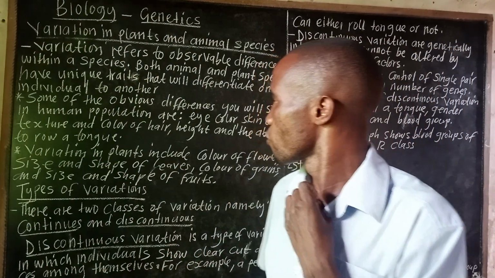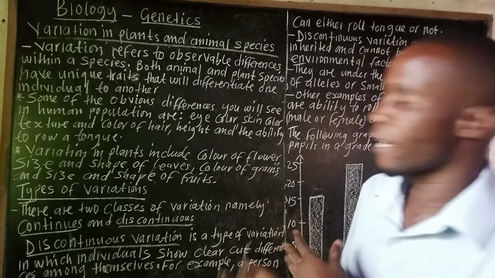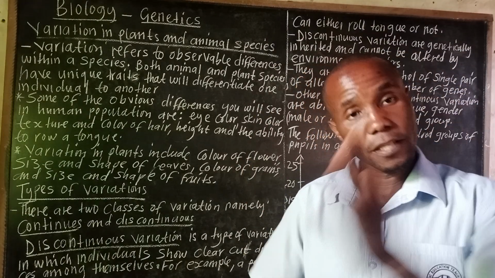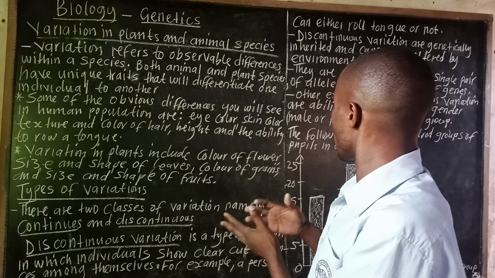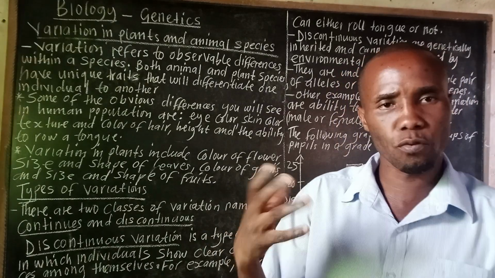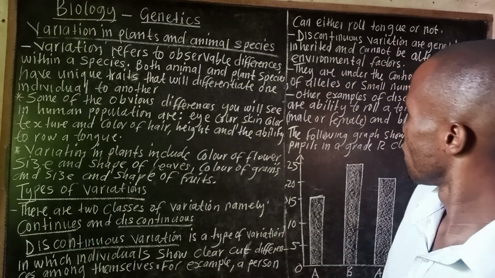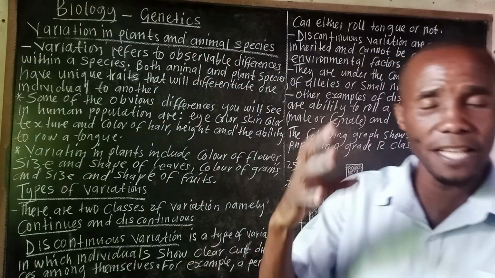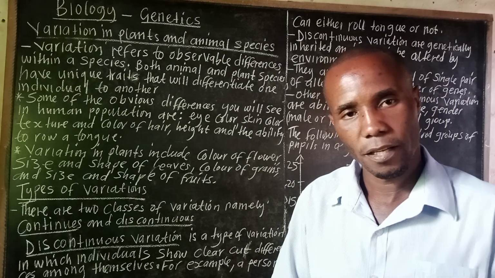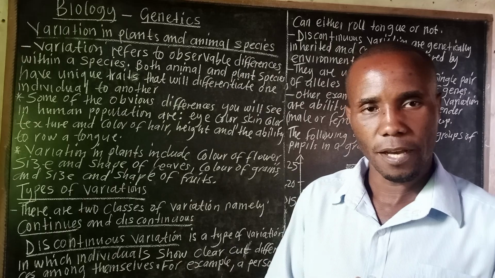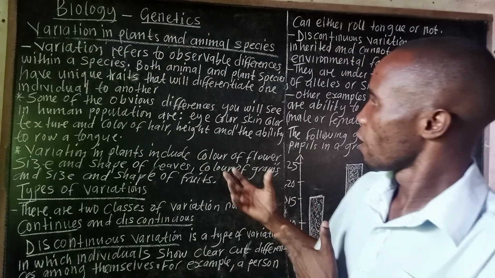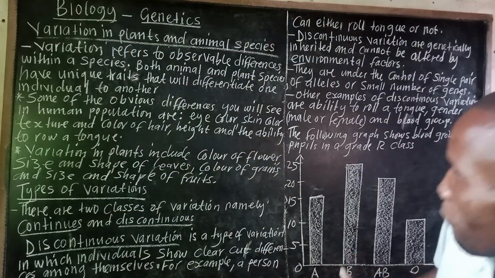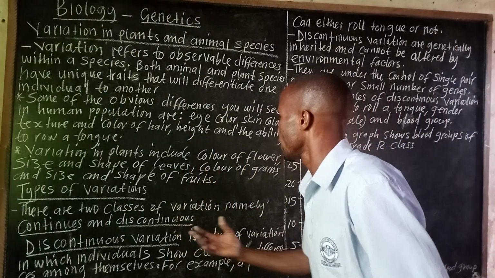Some are tall, others short in the same species. Others have the ability to roll their tongue, others don't. These are the obvious things that differentiate individuals in the human population.